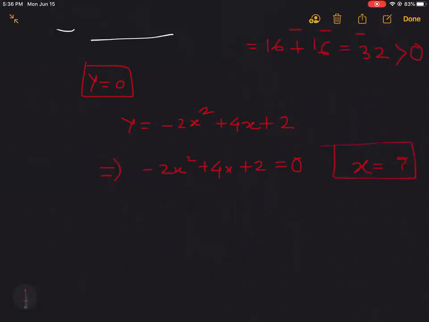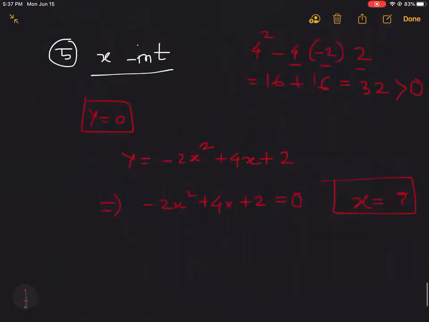If we solve it for x, we can always use the quadratic equation formula. If you don't remember, let me write that for you. If we have a quadratic equation, the solution is negative b plus or minus the square root of the discriminant, b squared minus 4ac, over 2a.